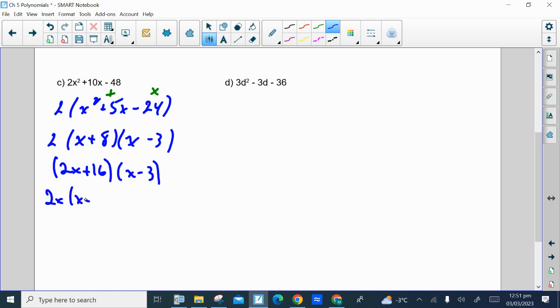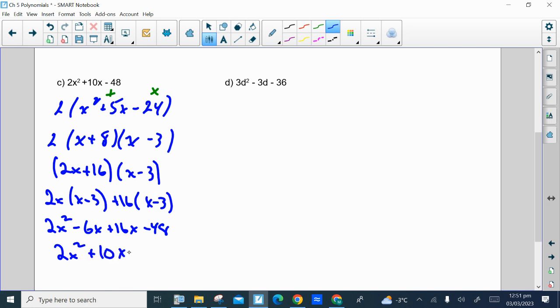And now we need to use the distributive property to make sure that we get the original trinomial. So I'll get 2x squared minus 6x plus 16x minus 48. Negative 6x plus 16x is positive 10x. That matches the original polynomial.